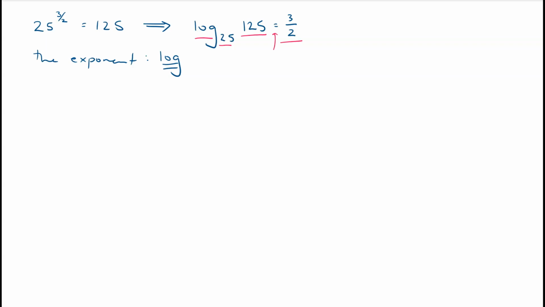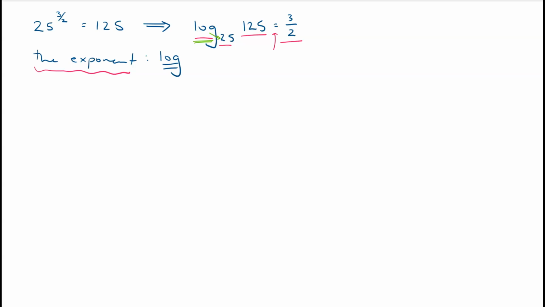So knowing that the word log simply means the exponent, if I want to read this straight across and use my code word, I can say the exponent that the base 25, see how 25 is written lower than everything else? That means it's a base.